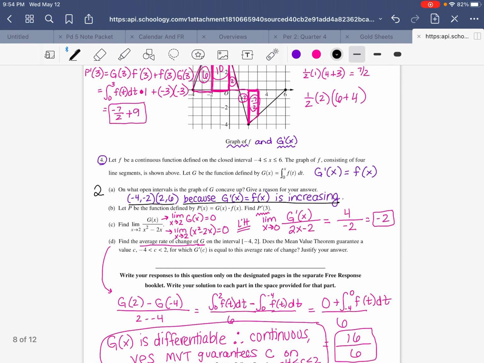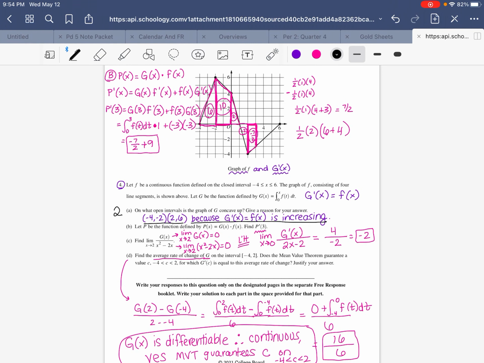I would guess that part B is worth 3 points. It's just a guess. I would guess that you would get 1 point for correctly writing down your product rule. I would guess you would get 1 point for substituting 3 in, and 1 point for coming up with your final answer.